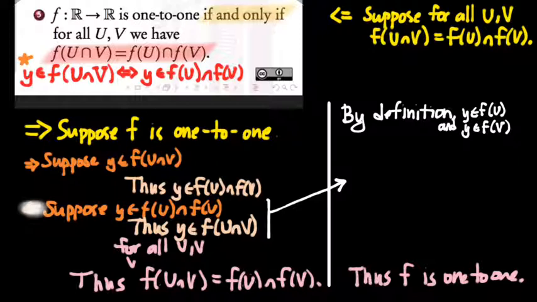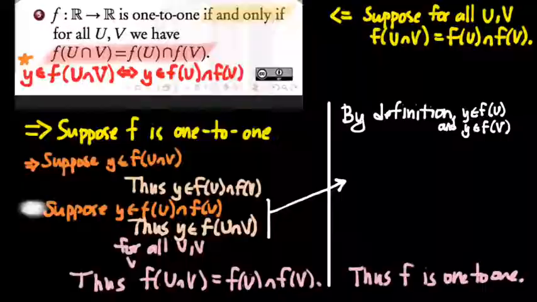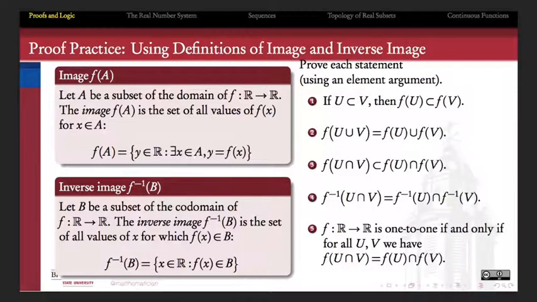Now is the time where we can take each one of those and refer back to the definition of f of u and f of v. These were the things that we had up on the screen yesterday. So the fact that, for example, y belongs to f of u, well, f of u is defined as the set of y's such that there exists an x in our set u with y equal to f of x.